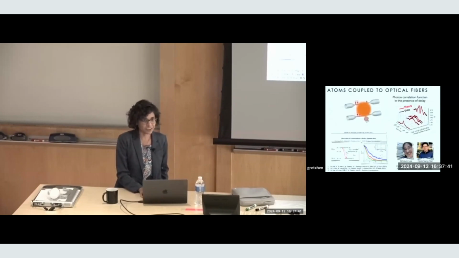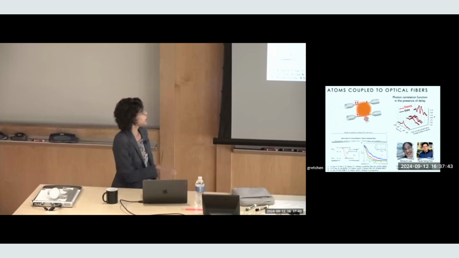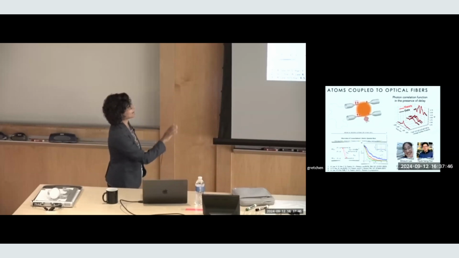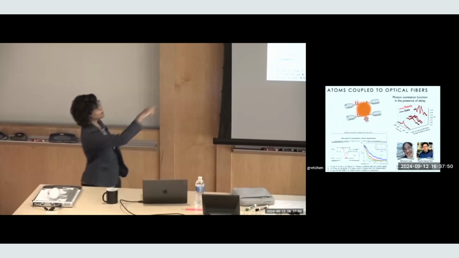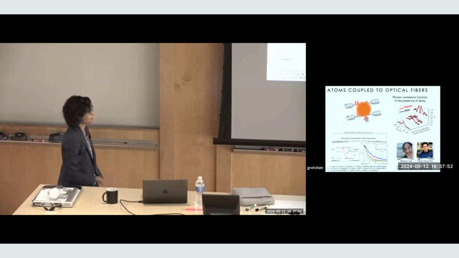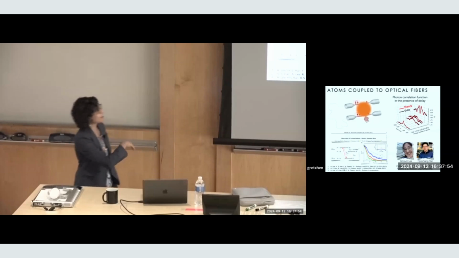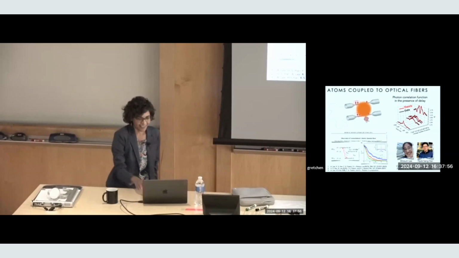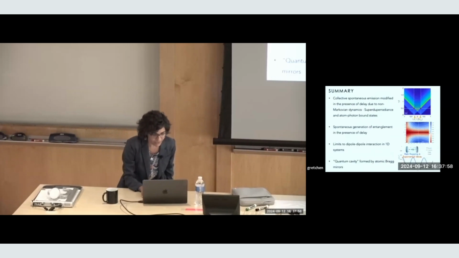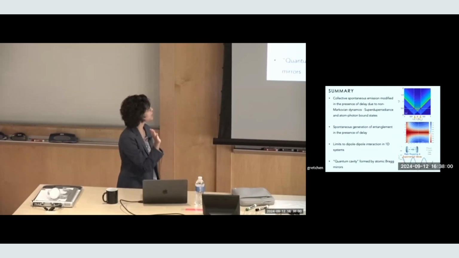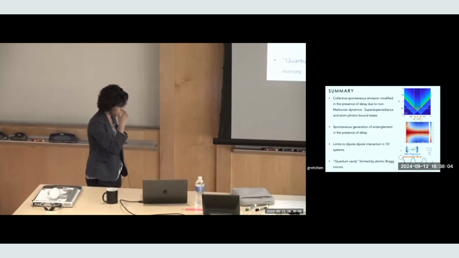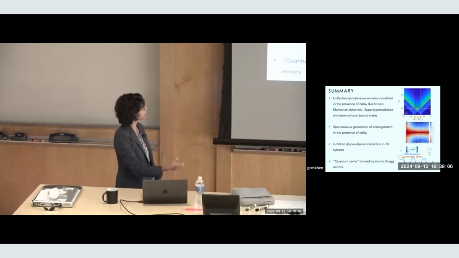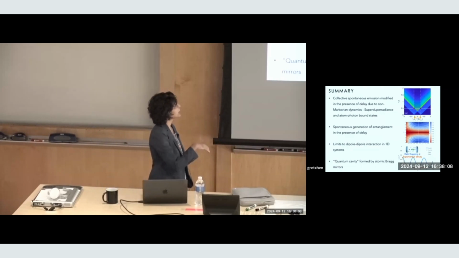All right, so just to wrap up, we've seen these effects in experiments. This is fresh off the lab. The plot that you're seeing there indicates photon correlation measurements with non-Markovian effects. And to summarize, we've observed modification to collective atom-atom interactions in the presence of delay.